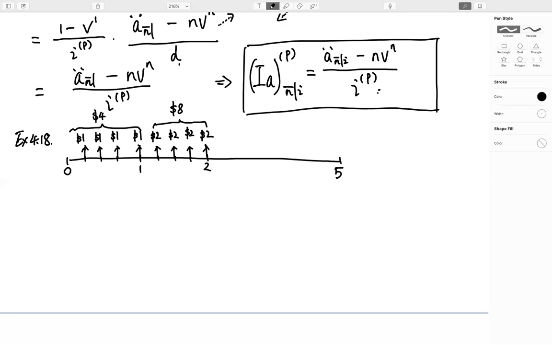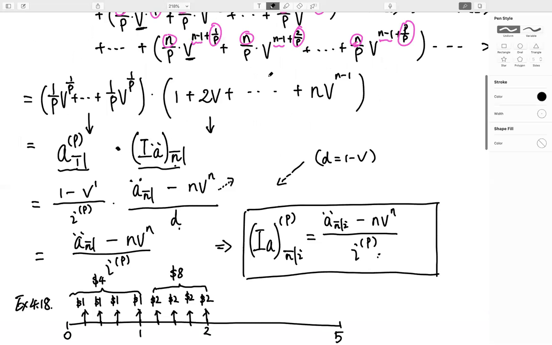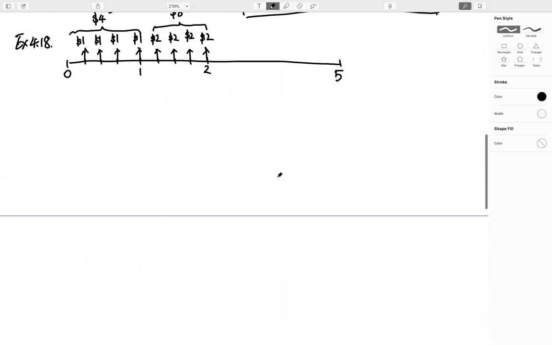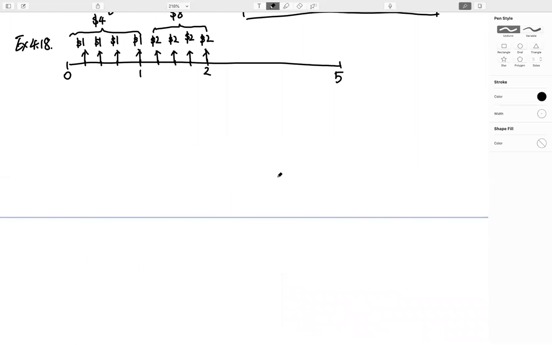See, this is slightly different from our setup, right? If you go back to the setup, it is $1 in year 1, $2 in year 2. Now what we have is $4 in year 1, $8 in year 2. Then you would expect $12 in year 3, right? So basically you're going to factor out 4, because it goes from 4, 8, 12, 16, 20, instead of 1, 2, 3, 4, 5.